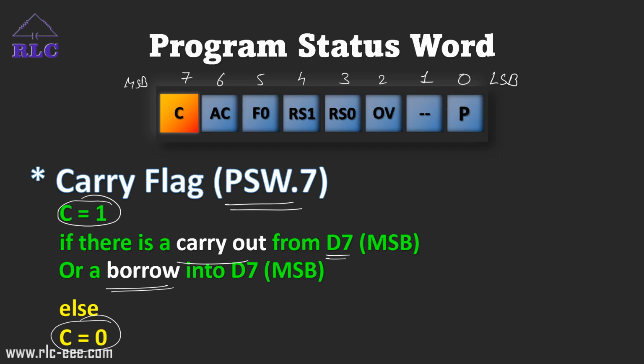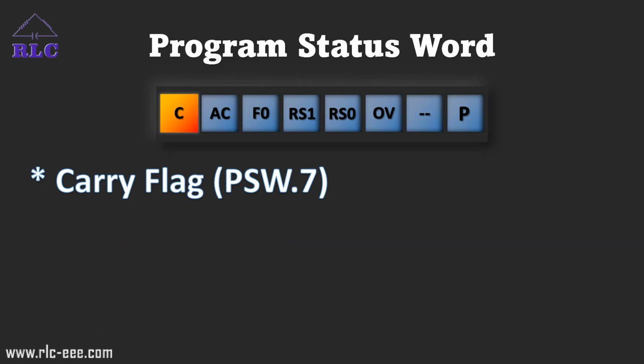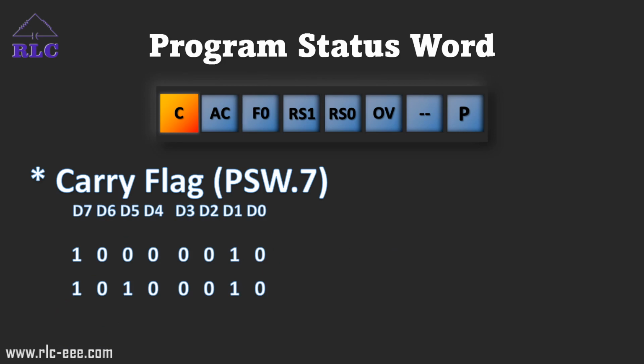We'll see an example to understand it easily for addition and subtraction operations. We'll consider 2 numbers: 82H and A2H.